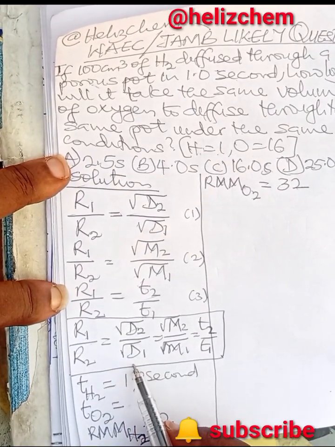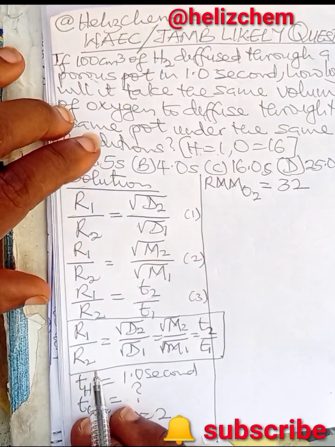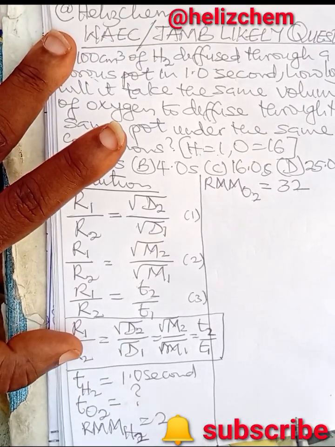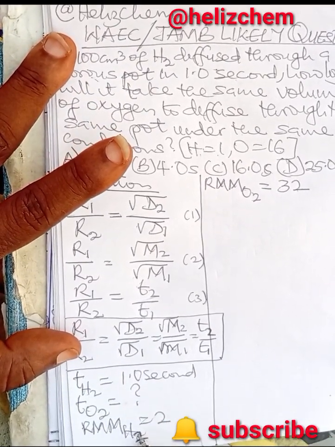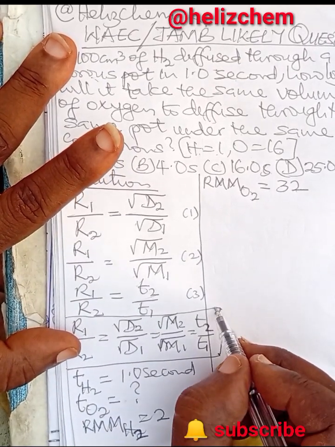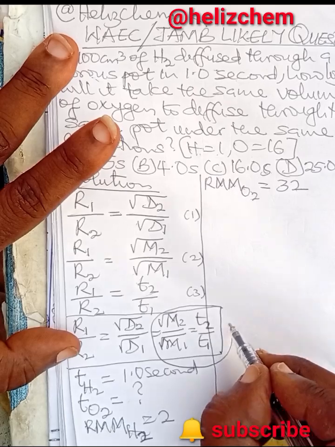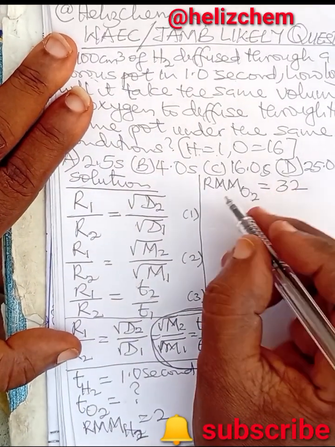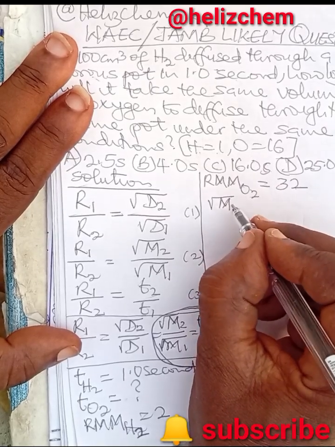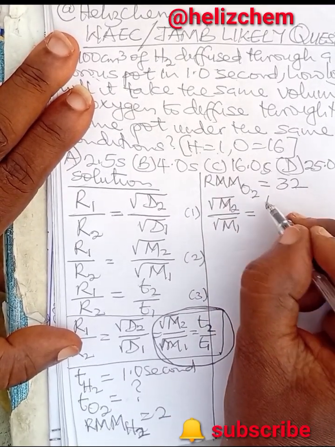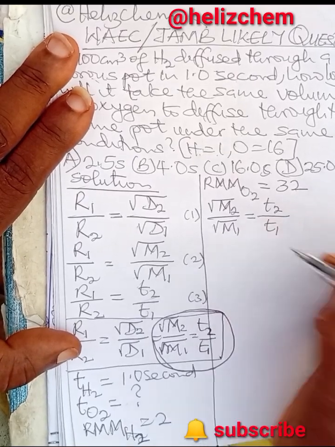So going back to this formula now, we are going to look at the appropriate one. We are given time and molecular mass. So that means we are using this very one. This is the only one that is applicable. So we have square root of M2 over square root of M1 is equals to T2 over T1.